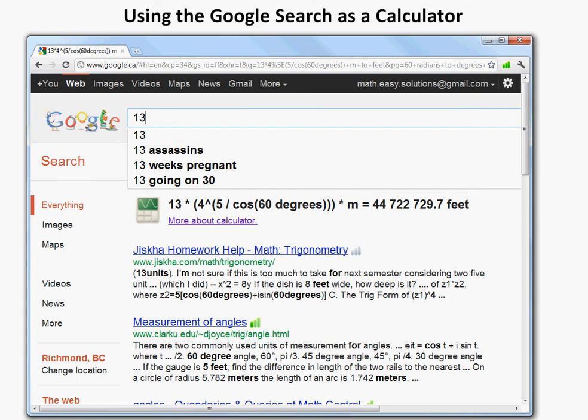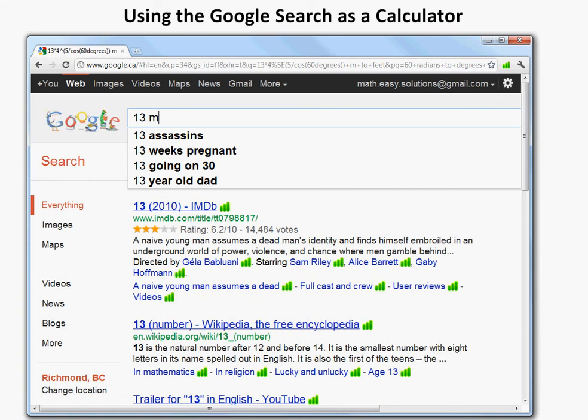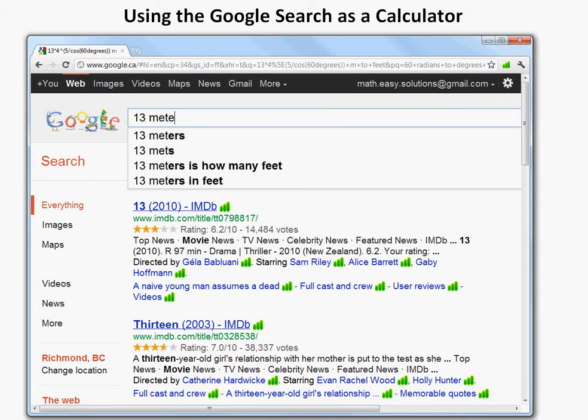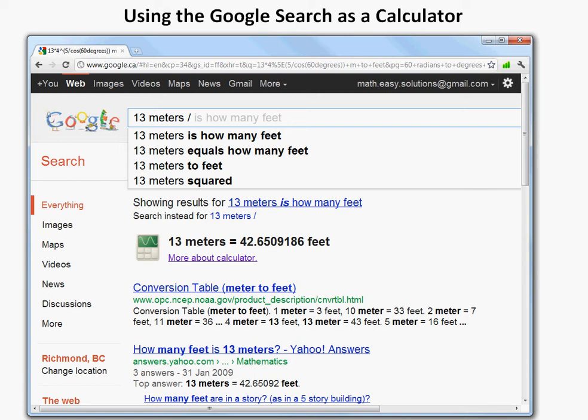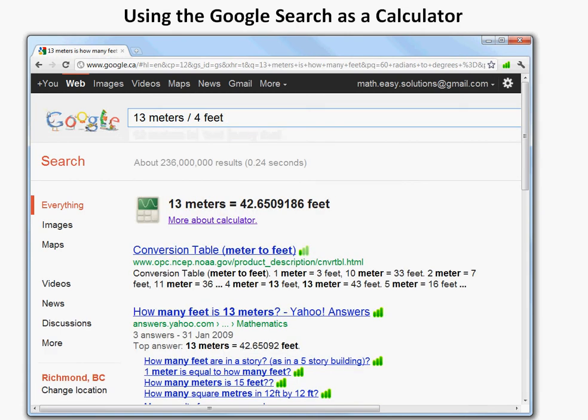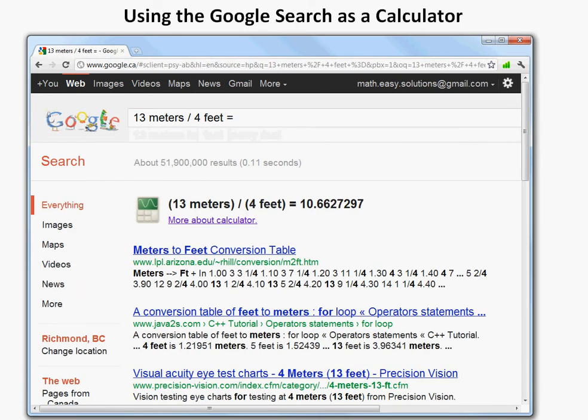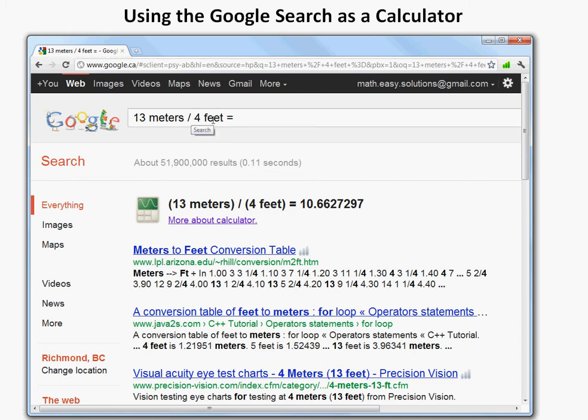I can go, let's say, 13 m or meters, or I can even just write meters divided by, let's say, 4 feet. What does that equal? I just press enter. There you go. It solved it. The units cancel, because what it does is convert every unit and number attributed to the unit into the default or metric unit.